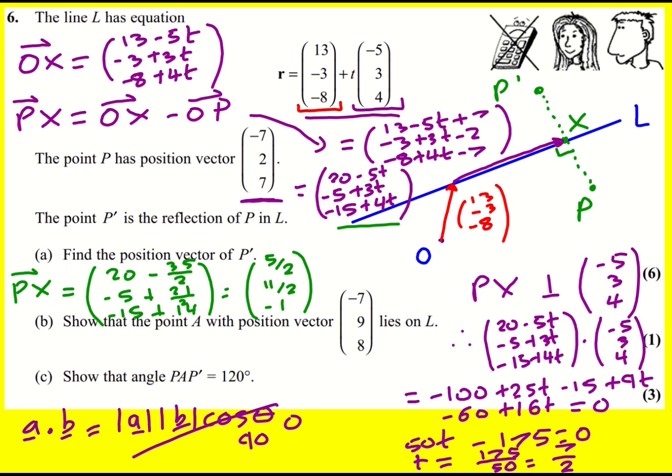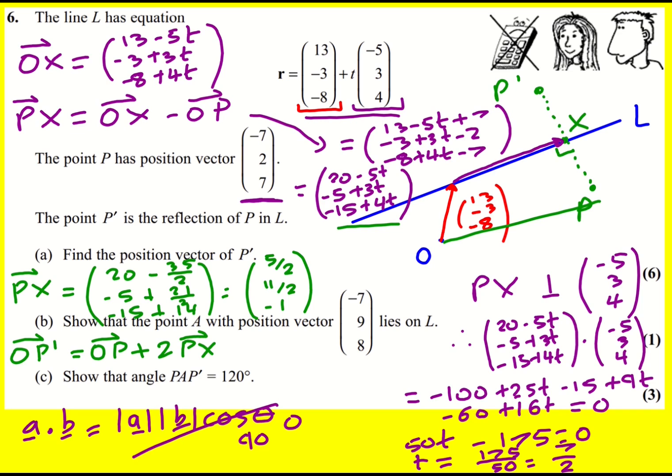So I'm nearly there. If I now want to work out the position vector of P dash, it's going to be OP dash. Well, I can imagine going O to P and then going 2 lots of PX. That would take me on this journey here to here. I could alternatively do OX plus PX.